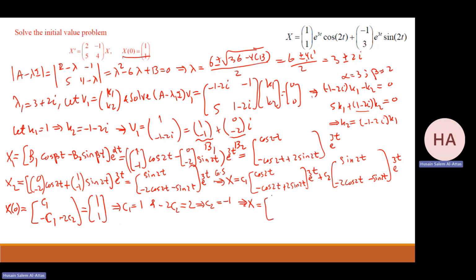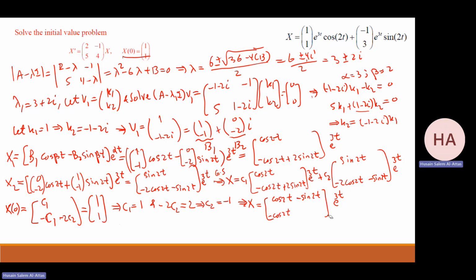Okay, so that will be cosine 2t minus sine 2t, all times e to the 3t. Okay. And in the denominator, I have what? Minus cosine 2t.